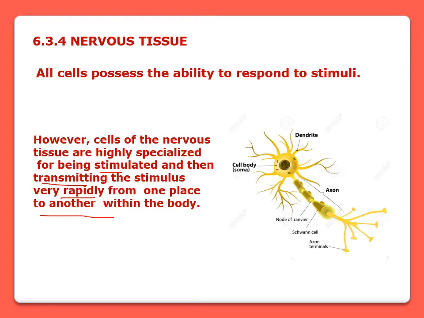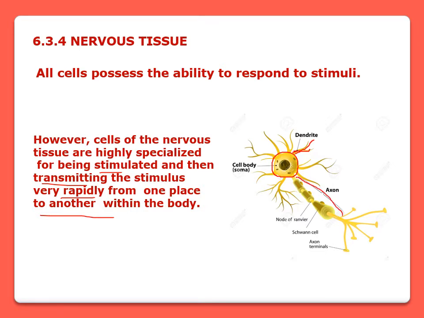Here you can see the structure of nervous tissue, and you will see that this is the cell body. If you are following my red pen, you are able to see the structure of the cell body, and these are dendrites. These are actually the receptors, and that is the axon from here to here.